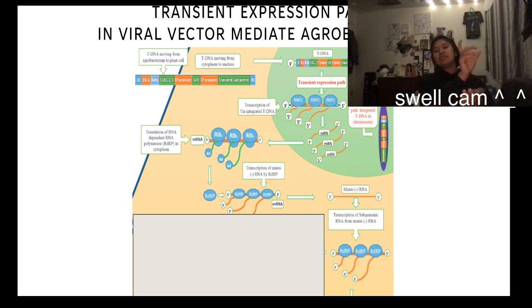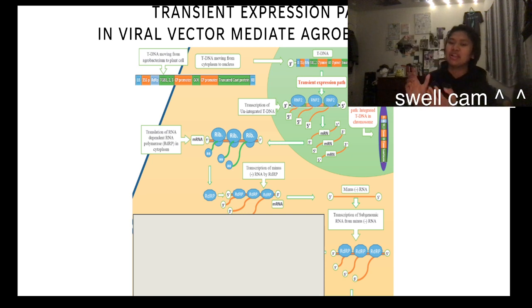So the tDNA will move into the plant cell and enter the cytoplasm. From the cytoplasm, it will be incorporated into the nucleus, where the tDNA will be transcribed into mRNA.